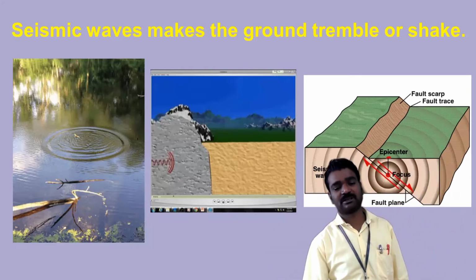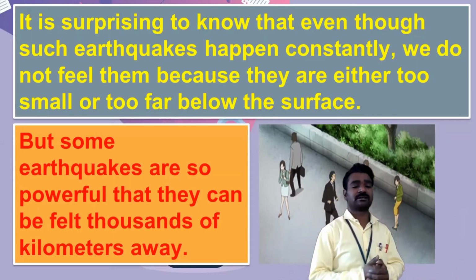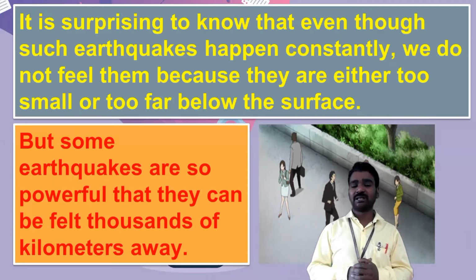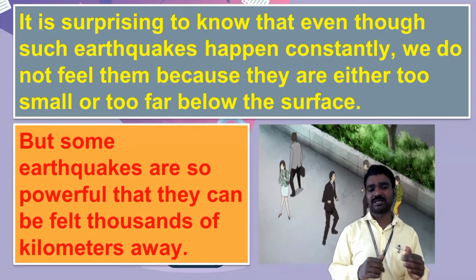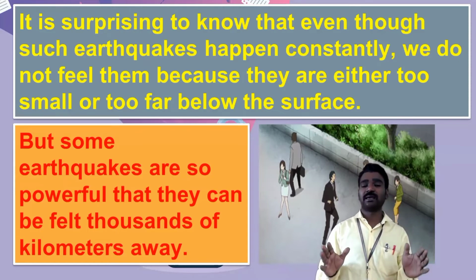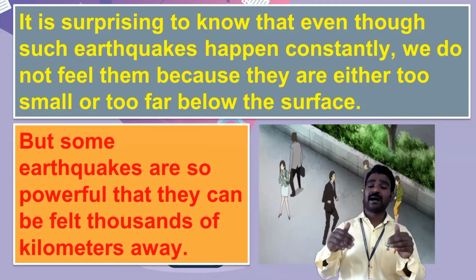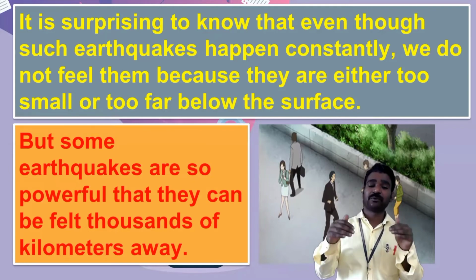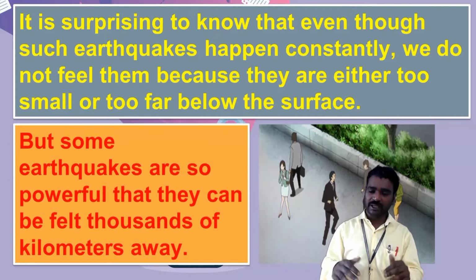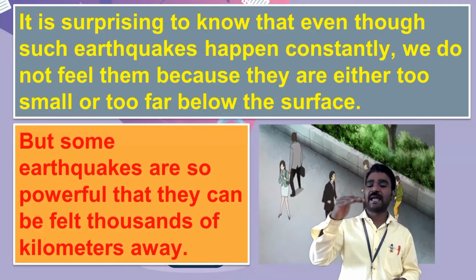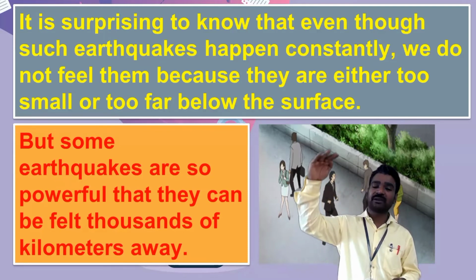So what happens when these waves are created? It is surprising to know that even though such earthquakes happen constantly, we do not feel them, because they are either too small or they are far below the surface of the earth. Wherever these seismic waves are formed, from that point these waves travel towards the surface of the earth.